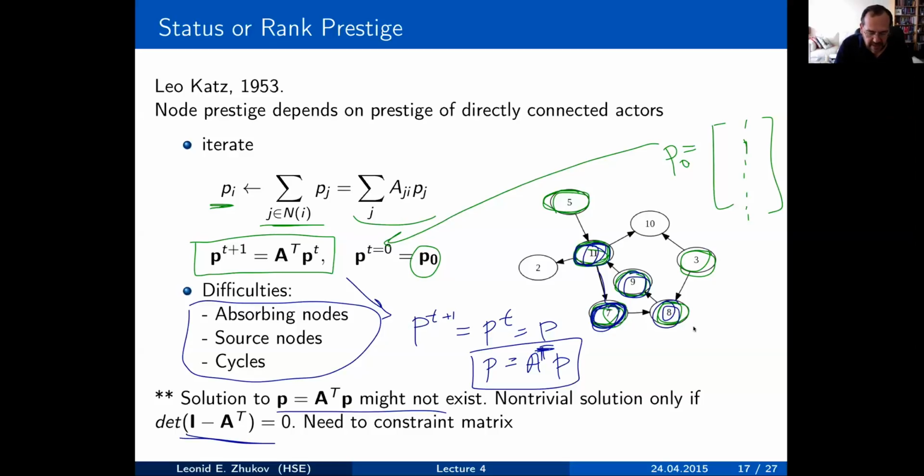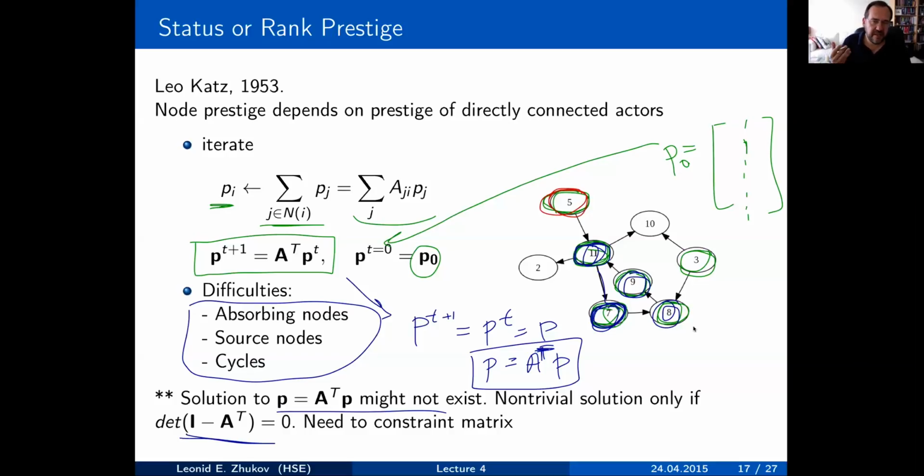And there are other things. Let's say we take node number 5. Nobody points to this node, and that means there is no other node that can reinforce node number 5's prestige. Which means, if we keep iterating in this picture, the prestige will leak out from node number 5, and it will at the end have 0 prestige.